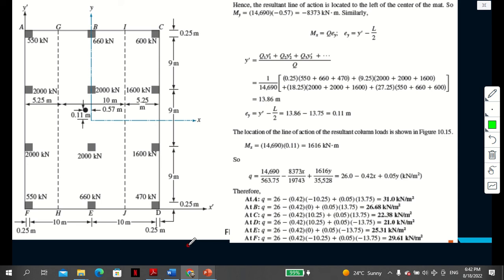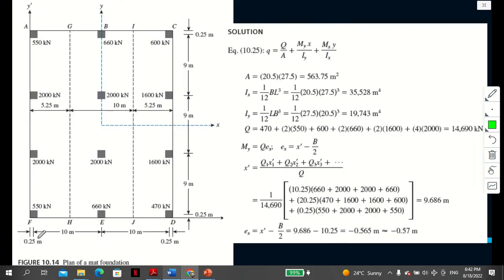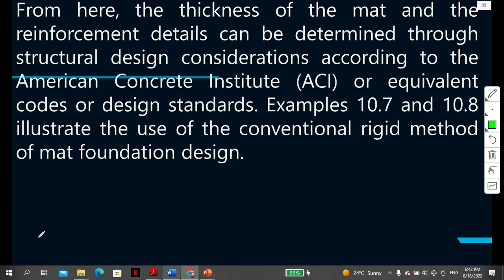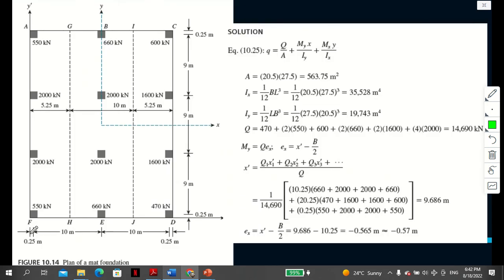Yeah, so for example here, we determine the eccentricity in the x direction. Let's start with the x direction. The length of these things is also 0.5, so this is 0.5 by 0.5.